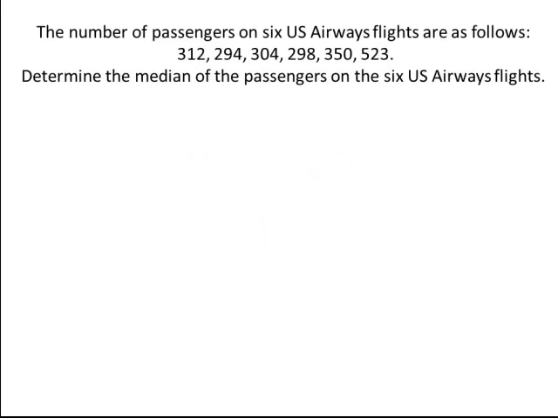The number of passengers on 6 U.S. Airway flights are as follows: 312, 294, 304, 298, 350, 523. Determine the median of the passengers on the 6 U.S. Airway flights. Median means middle. So to first find the median, we put these numbers in order from smallest to largest.